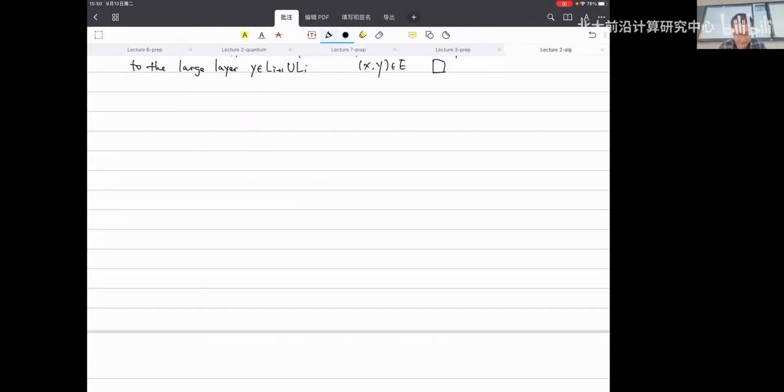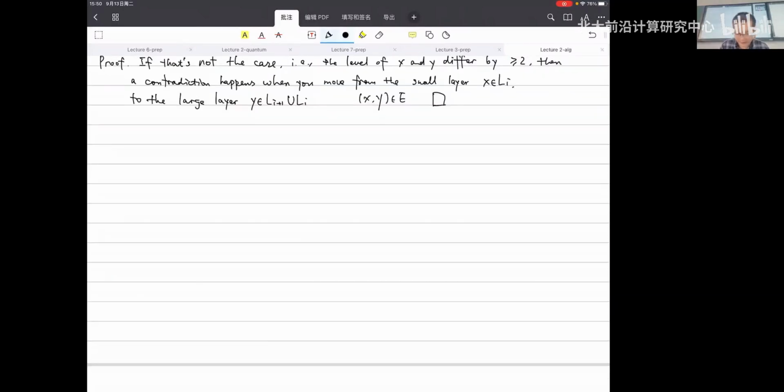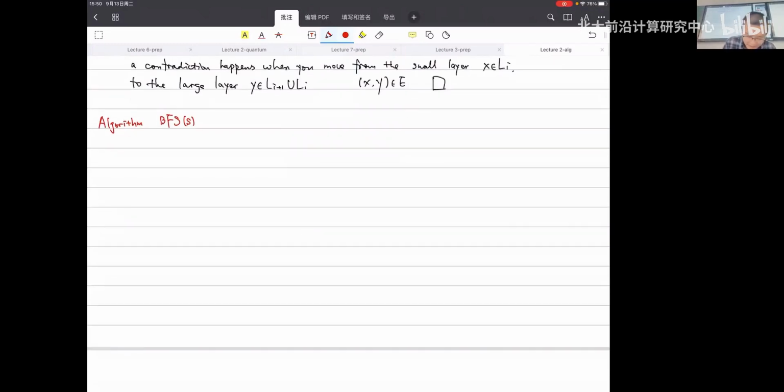So this is the algorithm we want to pay attention to, and let me write it down. This algorithm is called the algorithm of BFS. As I just mentioned, it does not directly make sense to talk about BFS without specifying a starting point. So let's talk about BFS at the node S here.